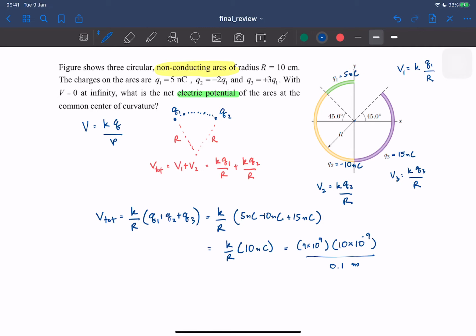Well, if that happened, then charge is going to move around like crazy. It's not like we don't want that, it just changes the question. If everything is conducting, maybe it's made from copper or something, charge can move around. So all the charge will combine together and then redistribute themselves.